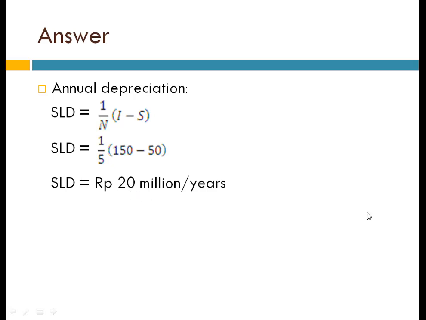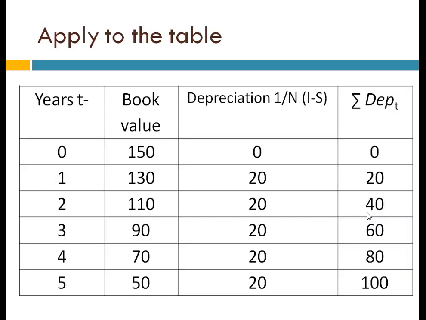Now we are going to put in the book value estimations and also the total depreciation. We start with year 1. The beginning of year 1 is 0, and then we put the book value. The book value in year 1 is the initial investment, and then we put the method, which is the SLD method, and put the formula in here.